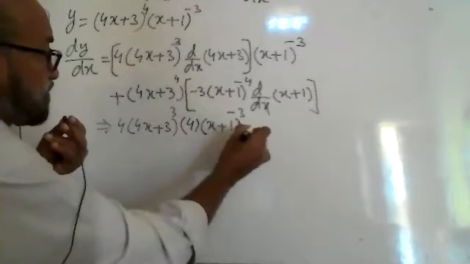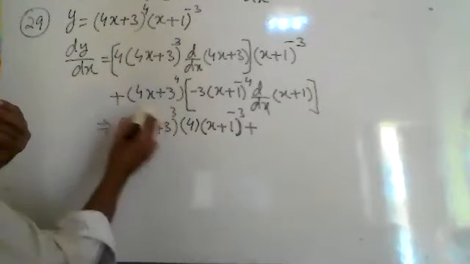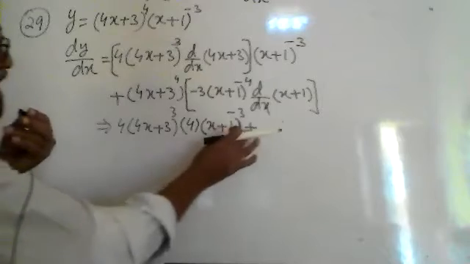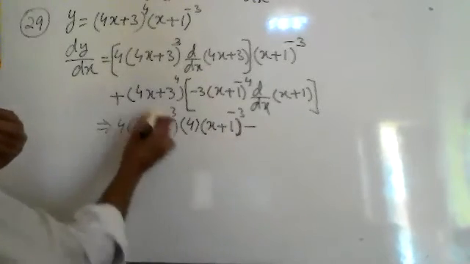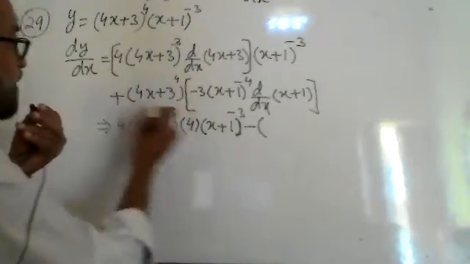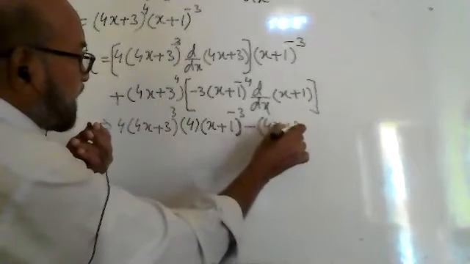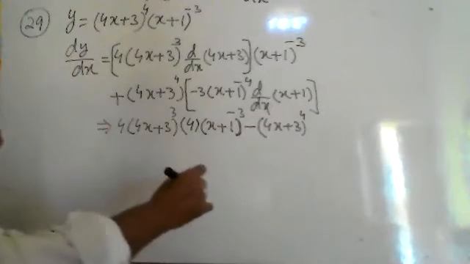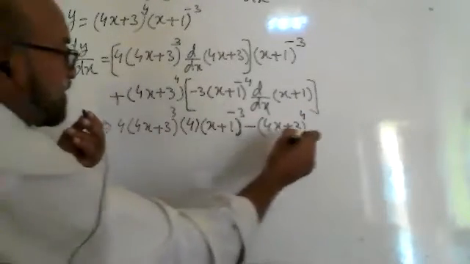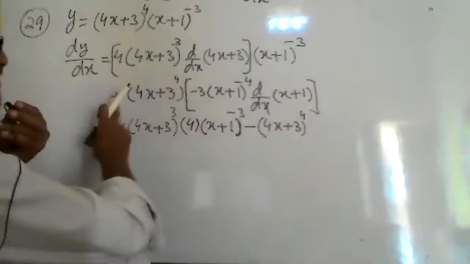Plus minus minus, it will become minus. That will be written as it is, 4x plus 3 raised to power 4 into 3, minus have taken outside.